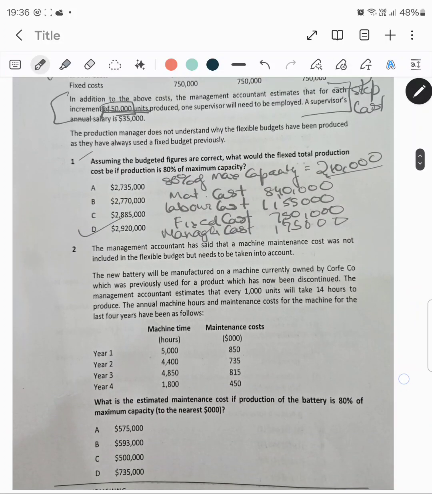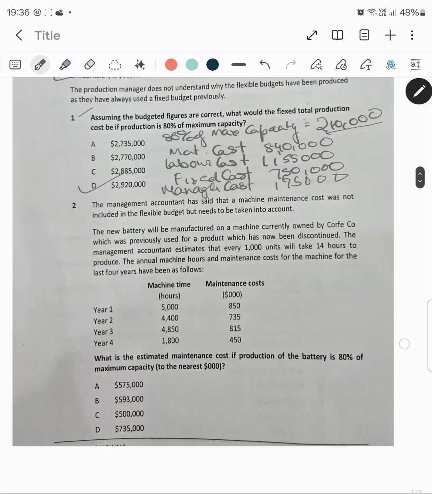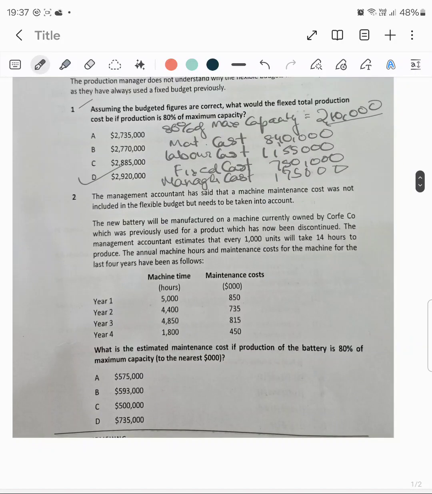Okay, now let's read what is the second question it is asking. The management accountant has said that the machine maintenance cost was not included in the flexible budget but needs to be taken into account. The new battery will be manufactured on a machine currently owned by Corfe company, which was previously used for a product which has now been discontinued.